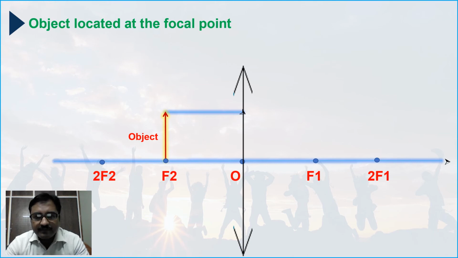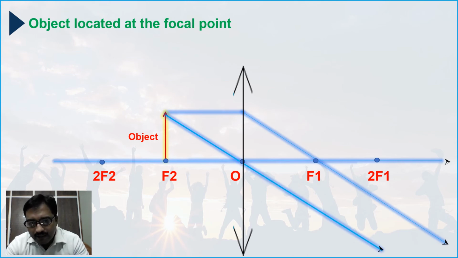After that, the refracted light ray will pass through the focal point, and then we draw another light ray which is passing through the pole. Now you can observe these two refracted light rays are parallel.